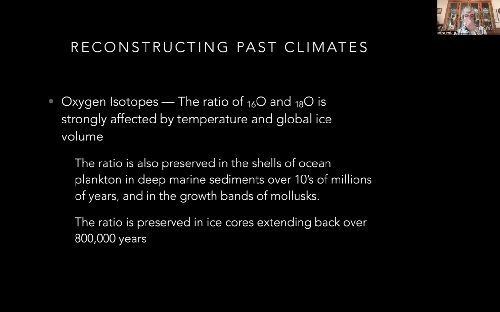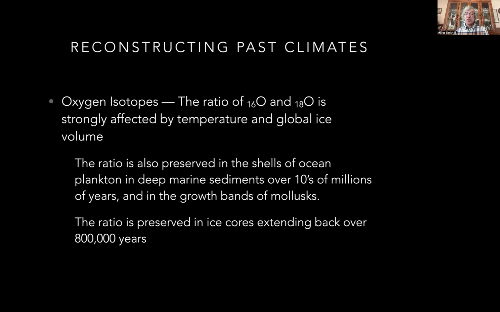That is, they have the same number of protons, which define the element, but they have different numbers of neutrons. And these different isotopes appear in the ocean water, and are taken up by ocean living organisms to form calcareous skeletons or shells.